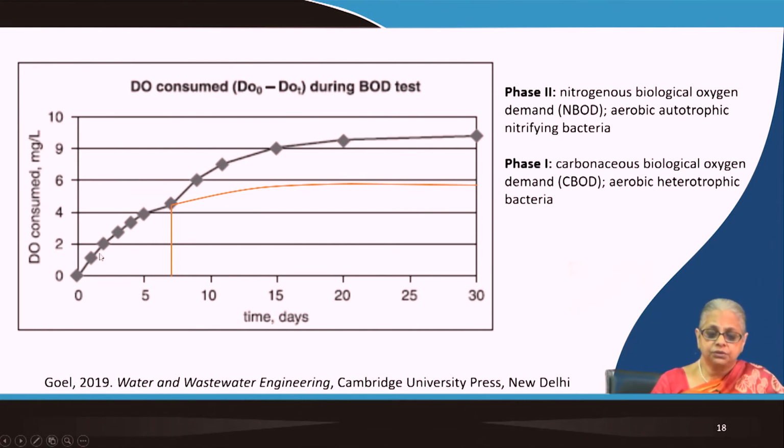So in this first week of the BOD test, aerobic heterotrophic bacteria are going to dominate. Their food supply is higher, oxygen levels are high, and in comparison to the nitrifying bacteria, they are going to grow faster. So when they grow faster, their population will dominate, and that is what we are calling phase 1 of the BOD test. Okay, so this is what we call the carbonaceous biological oxygen demand or biochemical oxygen demand, CBOD, and this is entirely being consumed by aerobic heterotrophic bacteria.